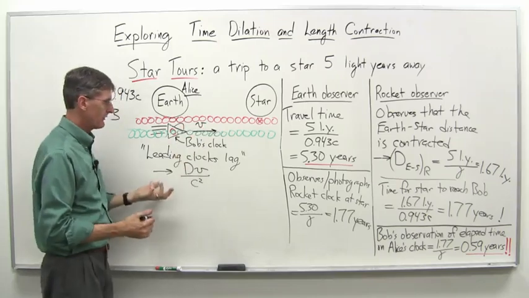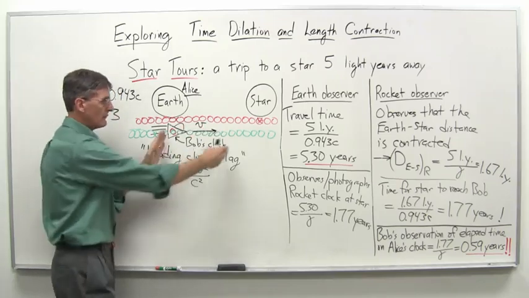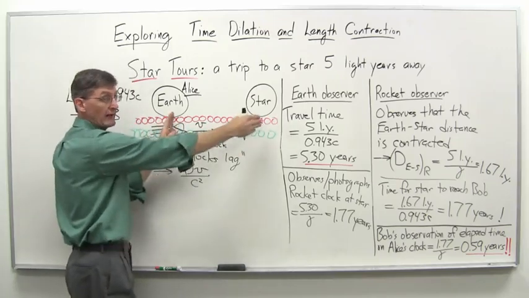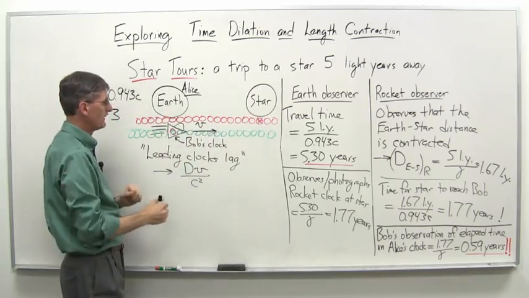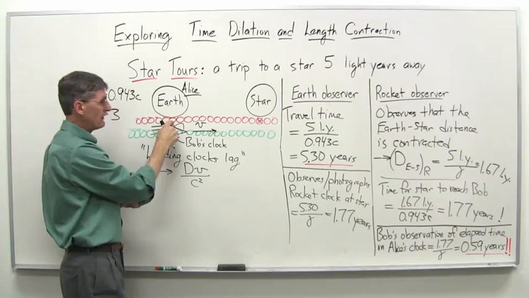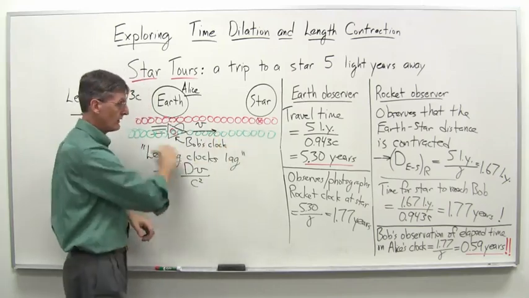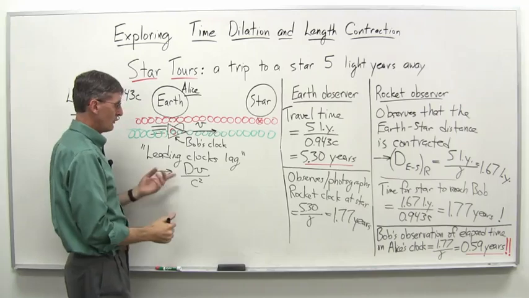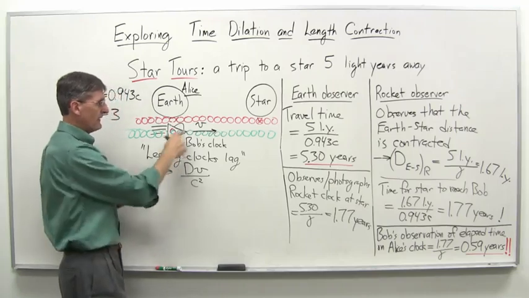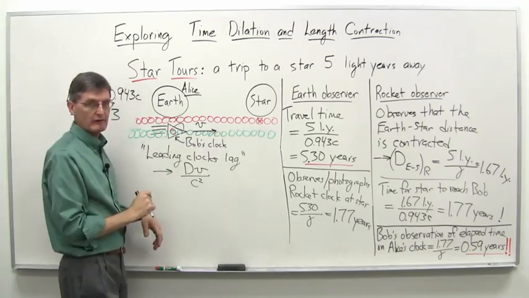And so let's think about this. Leading clocks lag. Bob is seeing this whole sequence of Alice's clocks move by him. This clock here, we know at that instant in time is t equals 0. It's reading 0. What does this clock read according to Bob, according to his synchronized lattice of clocks? Well, that clock is the clock in the rear.